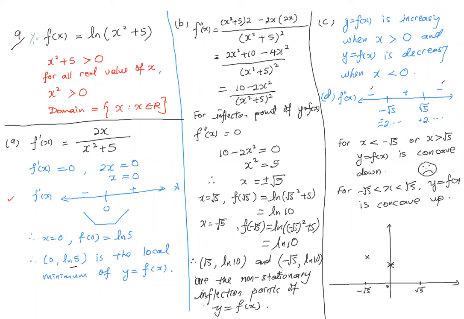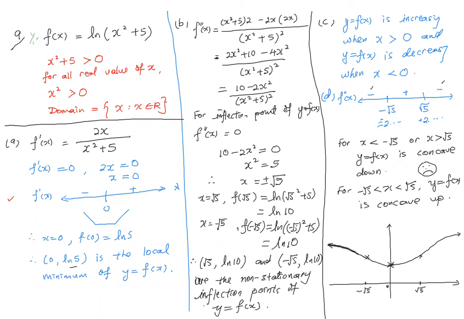Up a bit. Yeah. So the graph of y equal to f(x) is concave down, then goes up, convex, then concave again. So the graph goes like that.